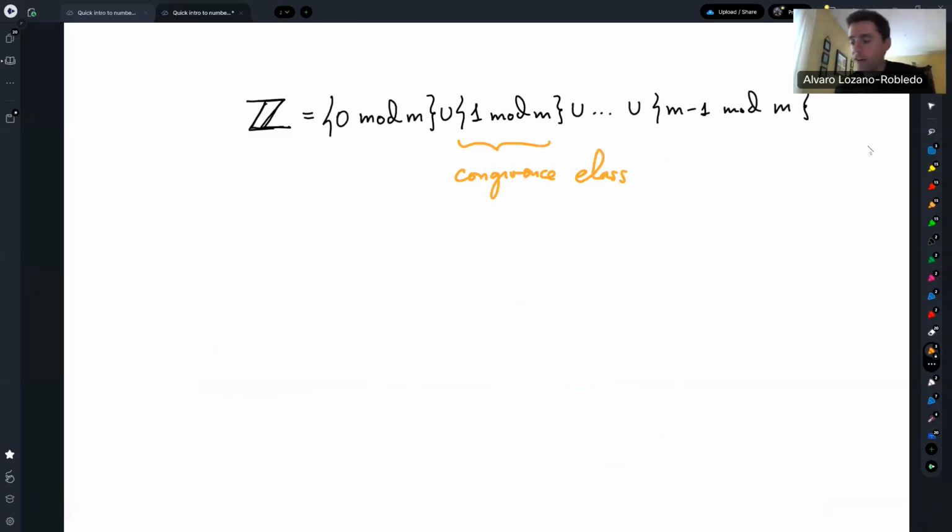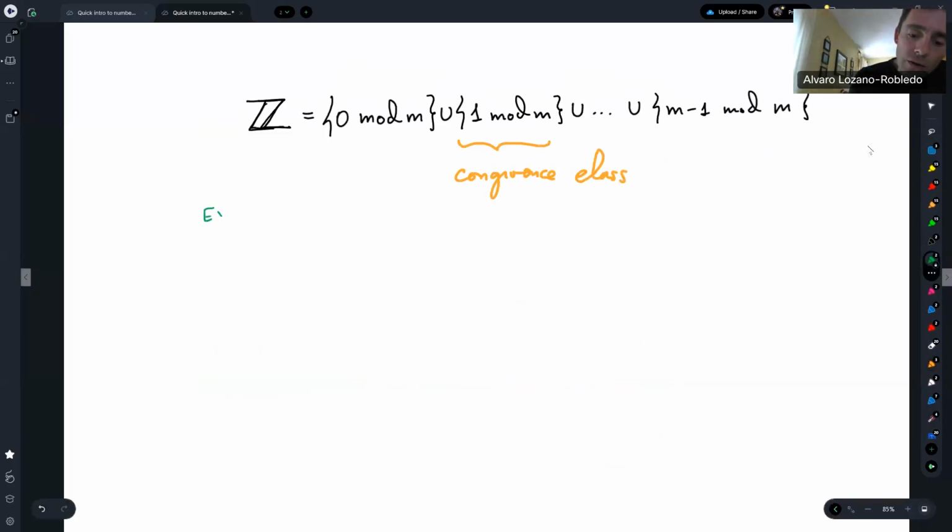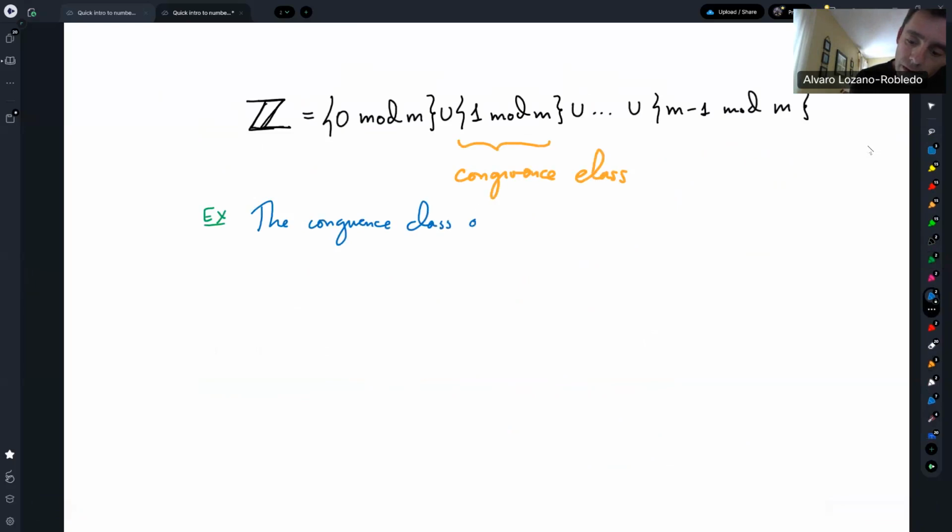So for example, the congruence class of 2 modulo 7 is the subset of all the integers that are 2 modulo 7.